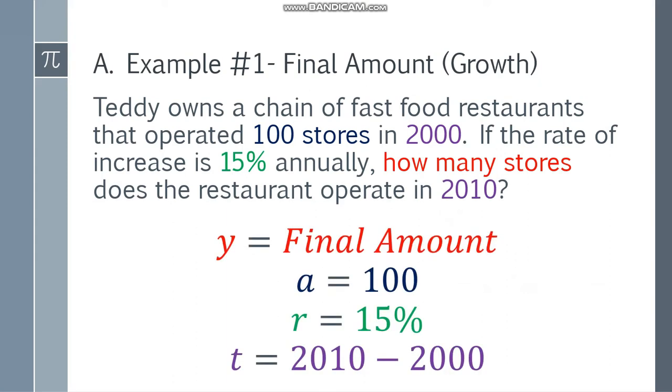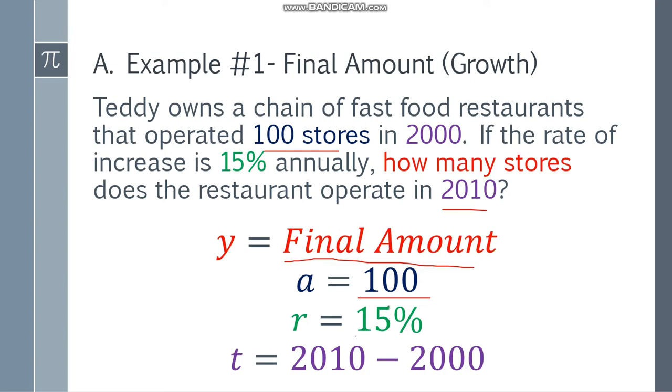So, let's have the given. Y is equal to final amount, so yun yung hinahanap. A is equal to 100, kasi sabi daw, owns a chain of fast food restaurants that operated 100 stores. Kasi ang tanong, how many stores does the restaurant operate in 2010? So, the future, ibig sabihin, ang nawawala yung final amount.